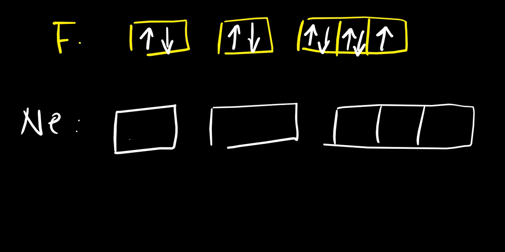The first one fills. We come to the 2s, the 2s fills. We come to the 2p. Now we're remaining with 3 electrons, so they'll also fill sequentially like that.